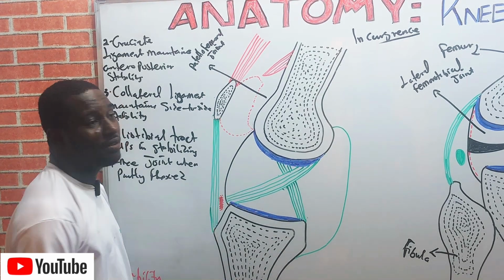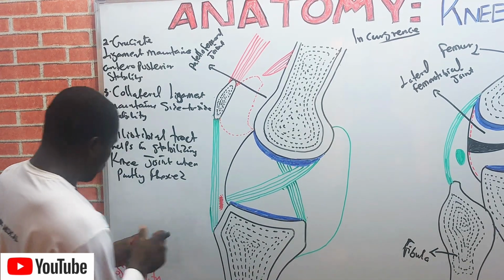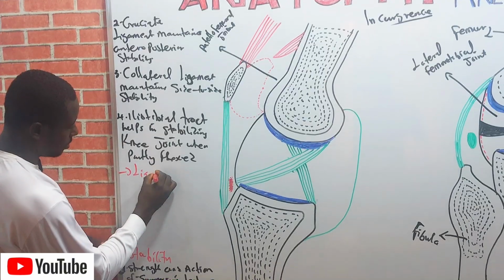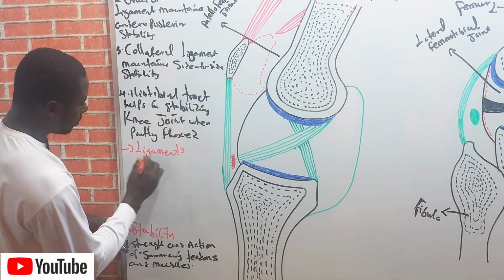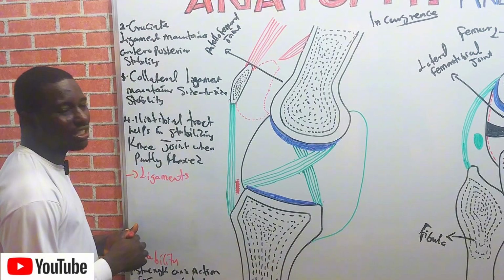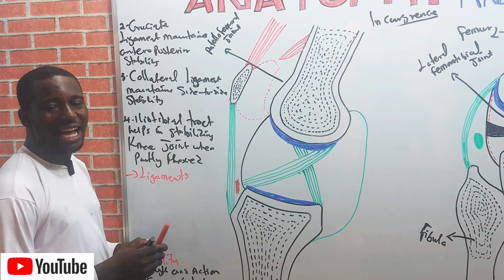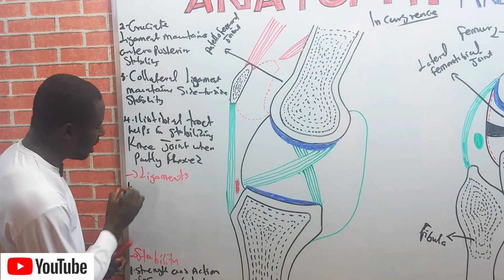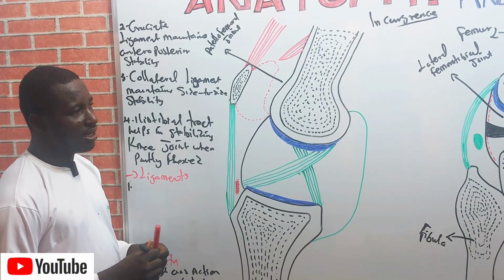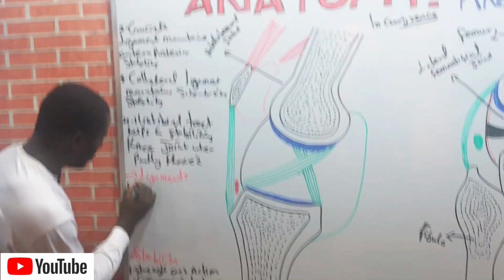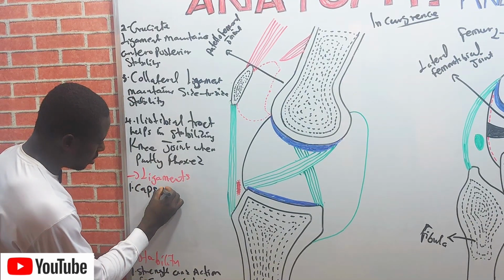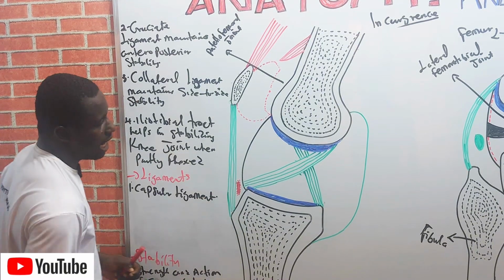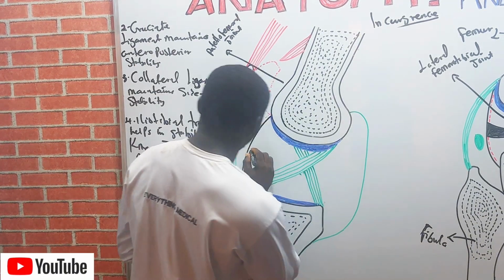It is a joint, it must have ligaments. The knee joint has numerous ligaments. Number one is the capsular ligament. Here is the capsular ligament.